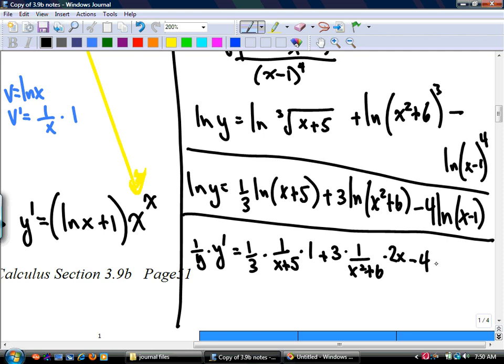Minus 4 times 1 over x minus 1 times the derivative of x minus 1, 1. There's way more derivatives to do, yes, but they're all little easy ones. So when you go from this line to this line, if you don't have a bunch of tiny little easy derivatives, you've done something wrong.